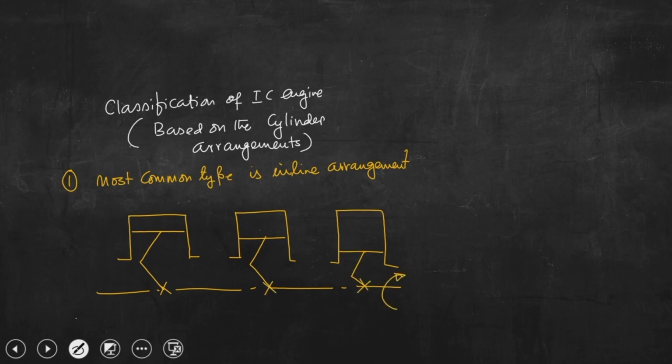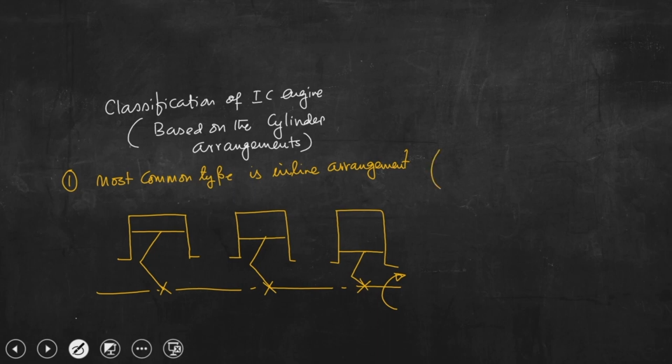and so you can see there are 3 cylinders which are connected to one common crankshaft, and this is called inline arrangement and cylinder placed in a line.